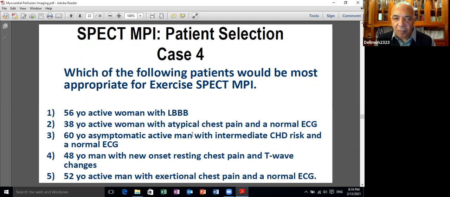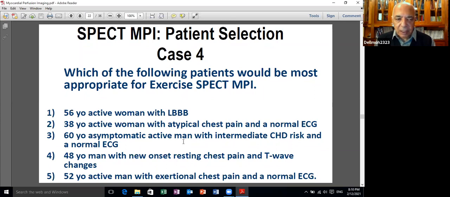We send for exercise MPI patients who have an intermediate or high pretest likelihood of having coronary artery disease. It's not logical to expose young, fertile patients to irradiation without being an appropriate candidate for MPI.